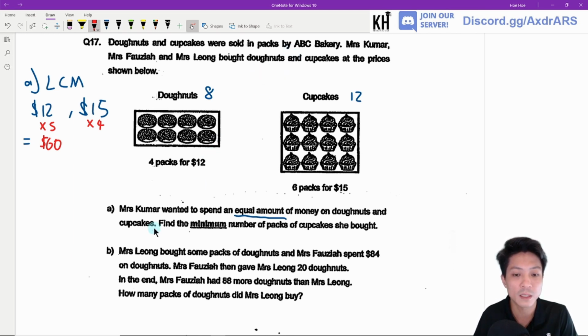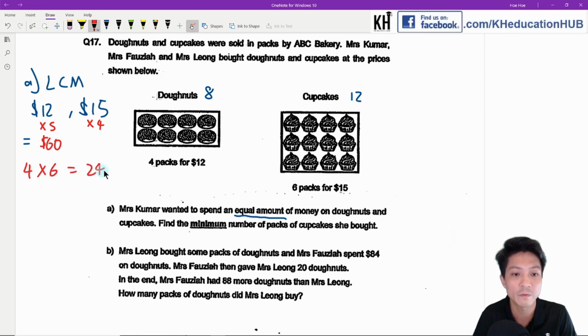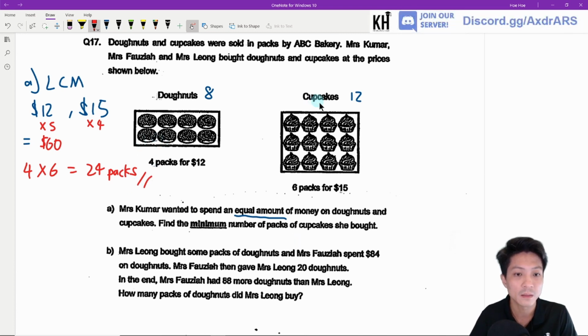So she needs to buy 4 times 6, which is 24 packs. This is for part A.